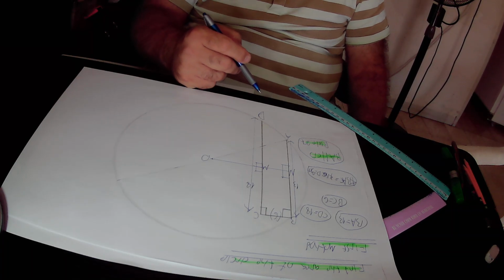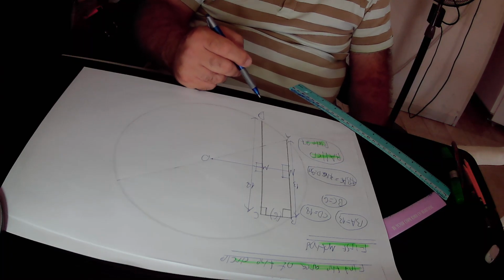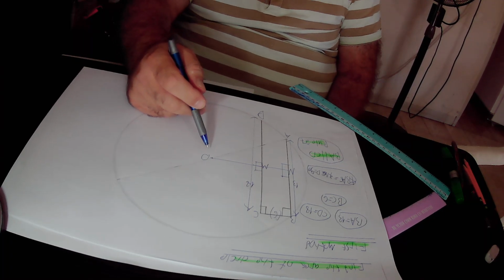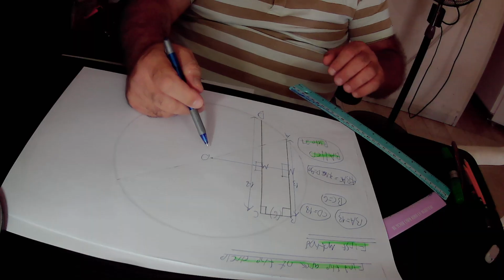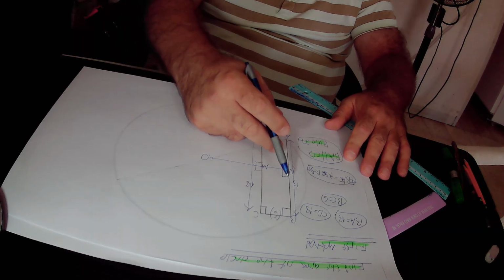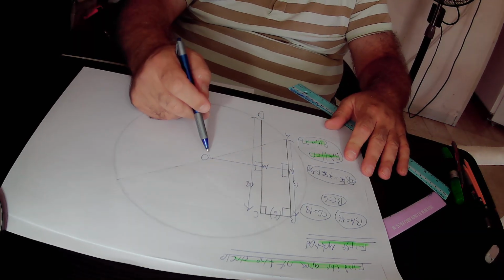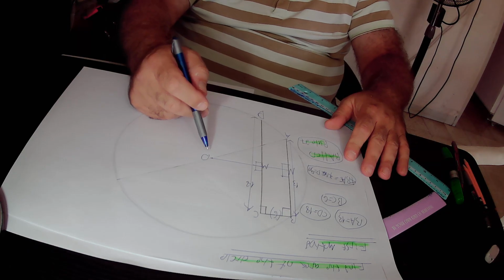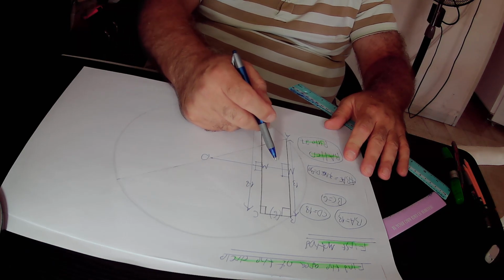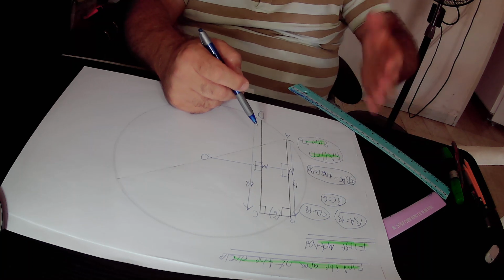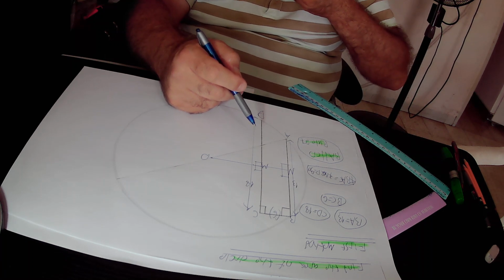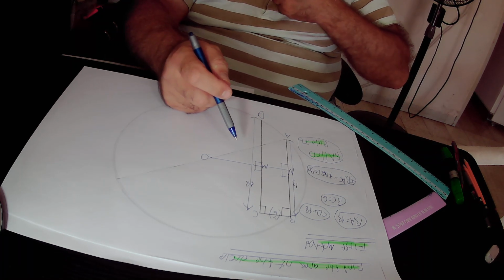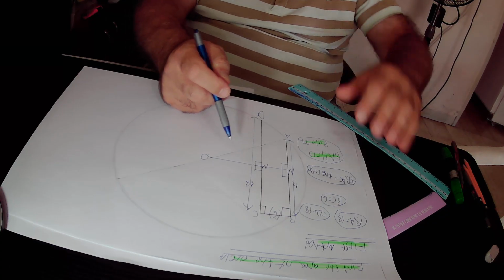Why? Because in our drawing, from the center of this circle, that is to say from point O, we have perpendicular ON on chord BA. And according to rule 19, the perpendicular from the center of the circle towards any chord bisects the chord.